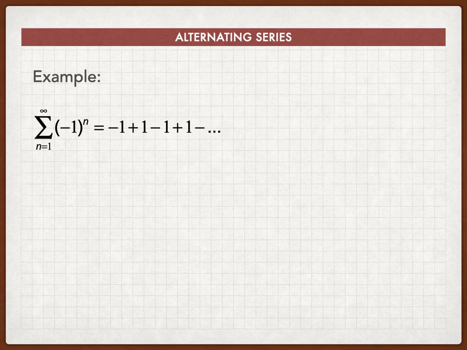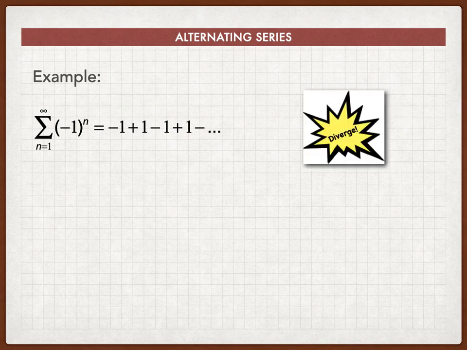The second partial sum is -1 plus 1 equals 0. The third, 0 plus -1 equals -1. This alternating series oscillates between -1 and 0. So it diverges. Duh.